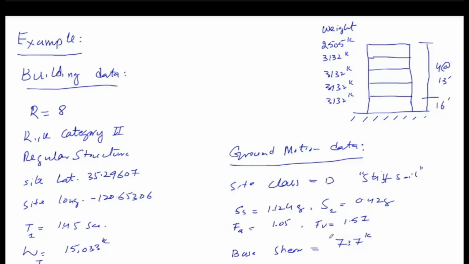In this problem, we are going to use modal response spectrum analysis to calculate the base shear, and we will compare whether it is less or greater than this, and what we have to do if it is less than the force calculated using the other procedure given in the code.